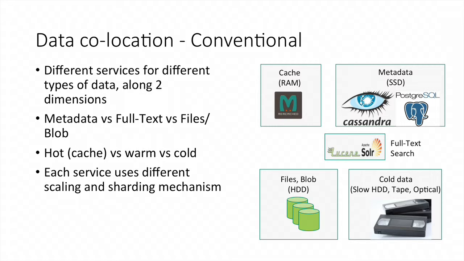I'll just quickly jump to my second design point, which is co-location of data itself, not about data and compute. Okay? So this is the conventional way by which we often deal with data in many of the services. You compartmentalize data into cold data, warm data, hot data, cache data, metadata, blob data, text data. And you'll dish it up this way. You'll have a memcache-like system to keep track of your cache.